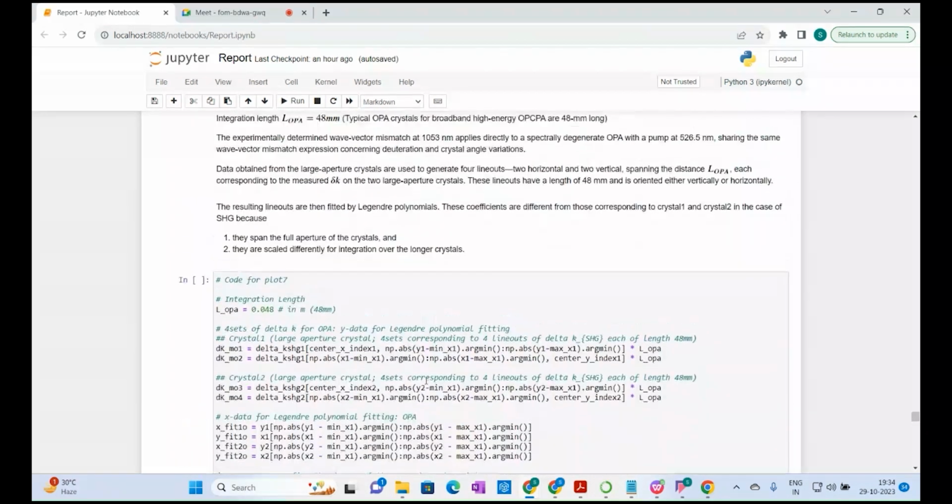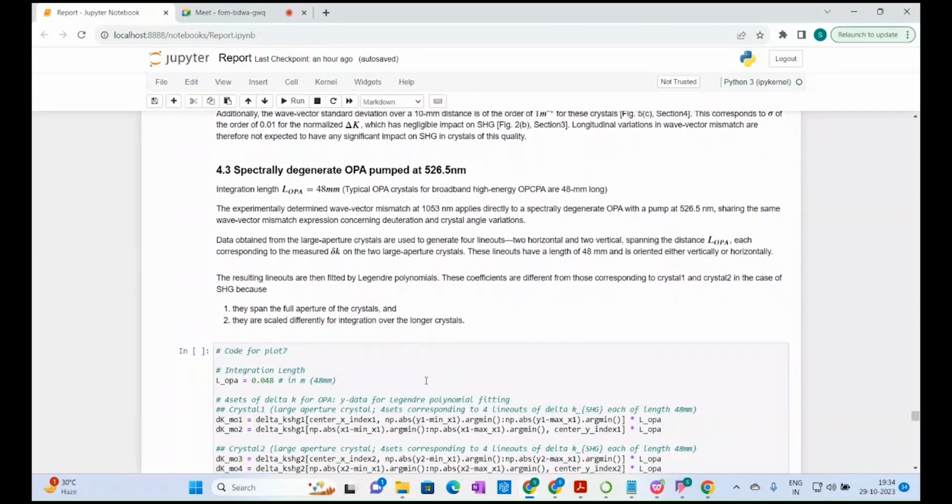Next, we perform the same analysis, but for the case of spectrally degenerate OPA pumped at 526.5 nanometers. In this case, the typical integration length is 48 mm, and two lineouts are chosen for each crystal, one horizontal and the other one vertical, spanning the distance of 48 mm.